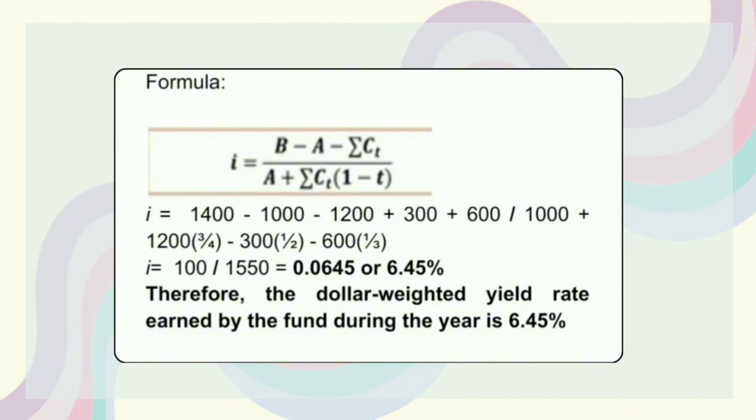And diri sa ubos sad kay kaning 1,000 plus 1,200 times 3/4 minus 300 times 1/2 minus 600 times 1/3 is ang answer ana niya is 1,550, which is kung i-divide nimo siya, ang makuha nimo is 0.0645 or in percentage is 6.45%. So therefore, the dollar weighted yield rate earned by the fund during the year is 6.45%.